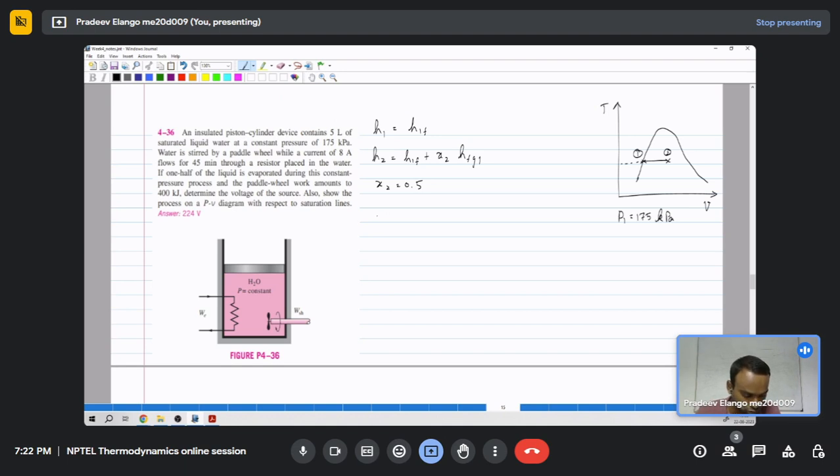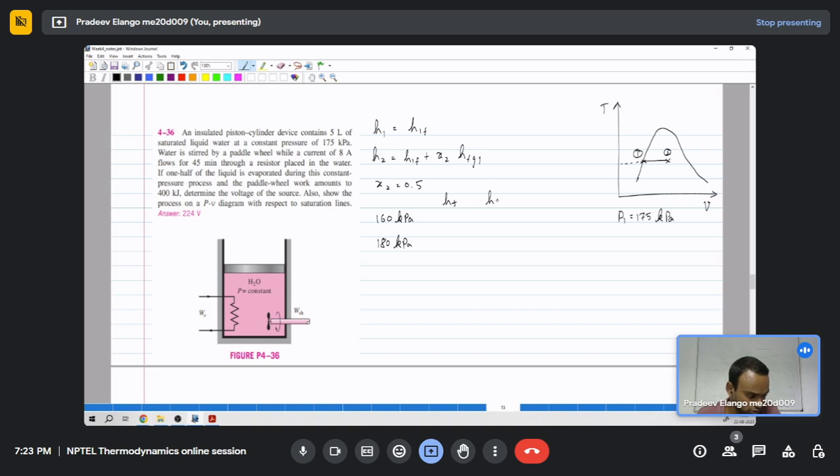So for 175 kilopascal, we have 160 kilopascal and 180 kilopascal.